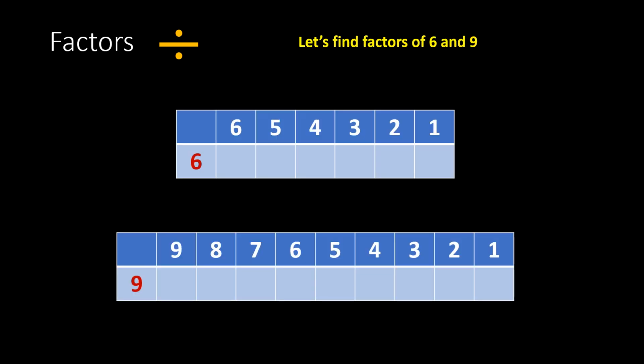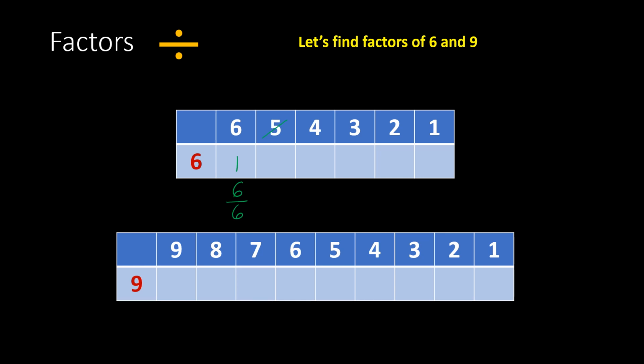Let's practice and find the factors of 6 and 9. So we always start with the number itself. 6 divided by 6 here, you get 1. You cannot do 5 because you will not get a whole number.